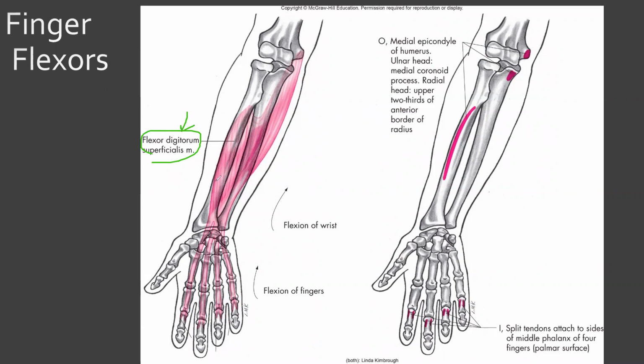The name tells you its primary role. Think of that as your agonistic role. Wherever that muscle crosses over a joint, it's going to at least assist in that movement. So flexor digitorum superficialis is going to assist with wrist flexion, and it also will assist a little bit with elbow flexion.